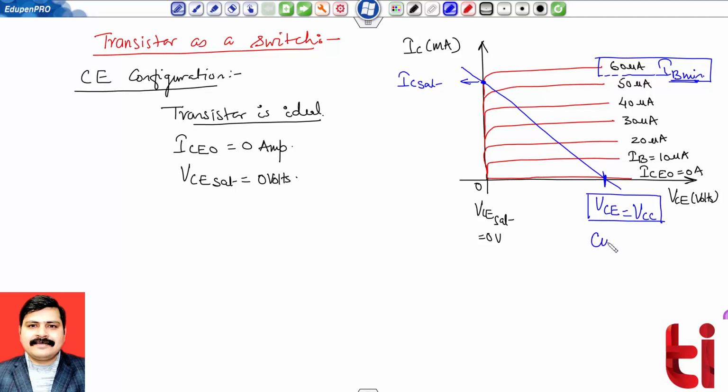So this is my cutoff point, or cutoff voltage, and this is my saturation point. Over here we will talk about the two regions. This is my cutoff region and this is my saturation region.